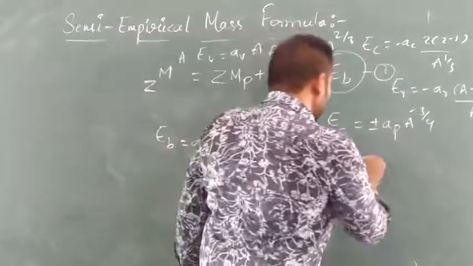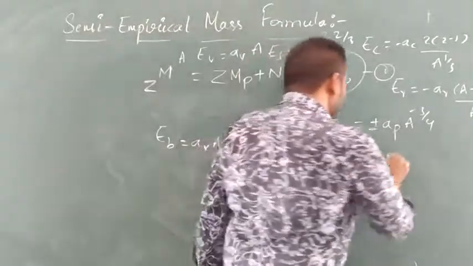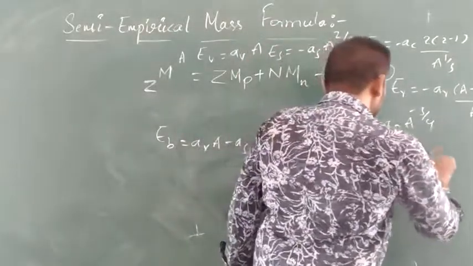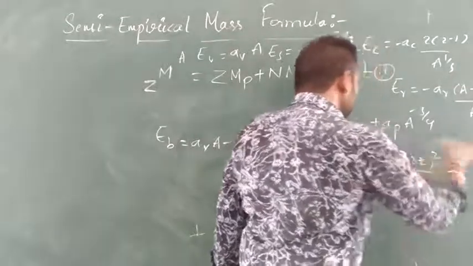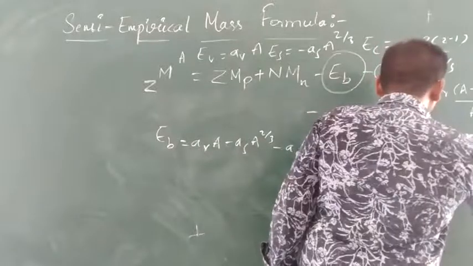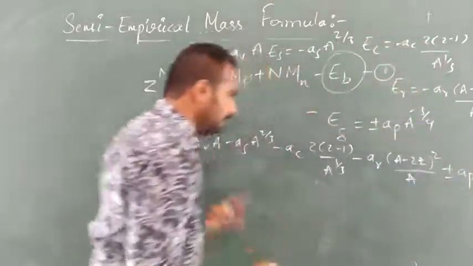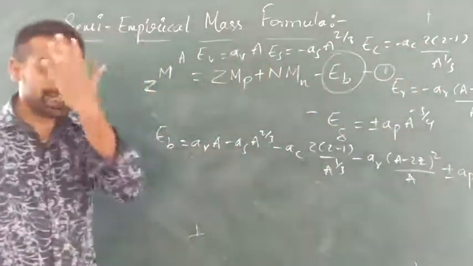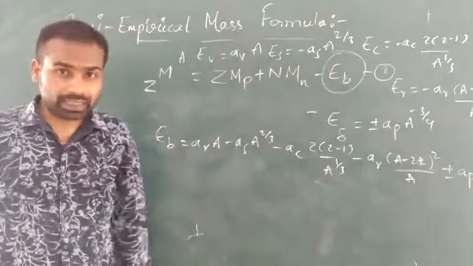Then the asymmetric energy term AR (A minus 2Z) whole square by A. Next the pairing energy term plus or minus AP A power minus 3 by 4. So this is the EB value, our binding energy correction term.